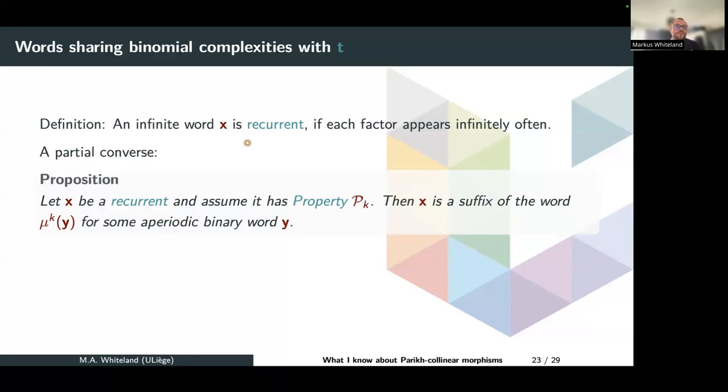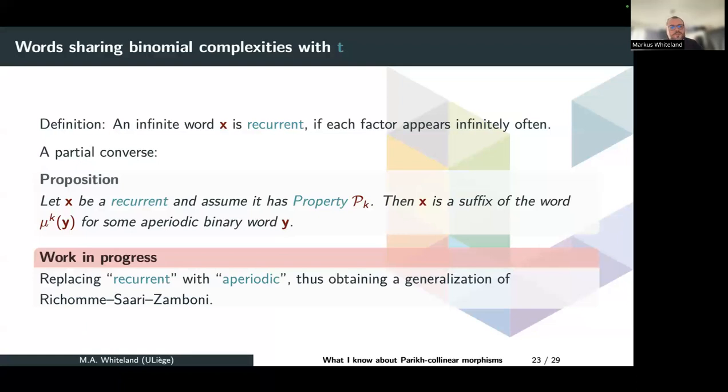So the partial converse is now saying that if you take a recurrent infinite binary word and you assume that it has this property Pk, meaning that the first k binomial complexity functions are the same as the Thue-Morse word's, then X is essentially the kth image of a binary word under the Thue-Morse morphism for some aperiodic binary word.